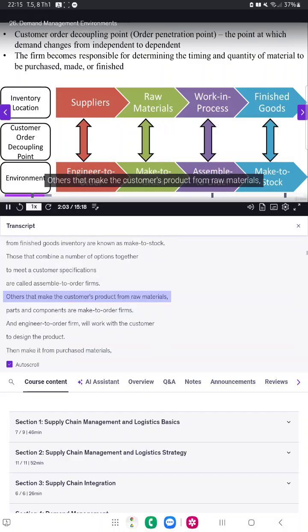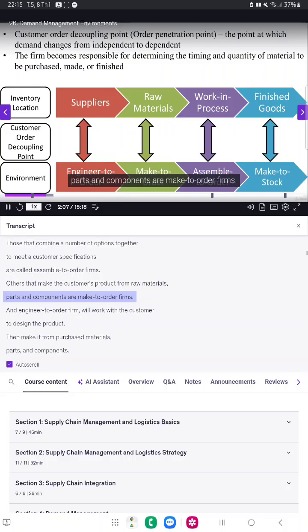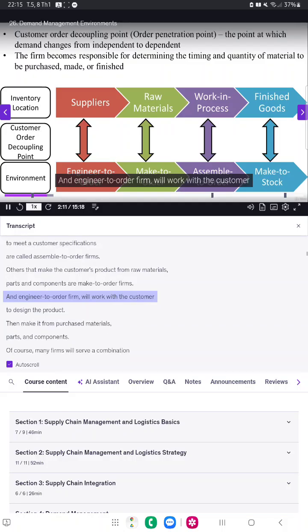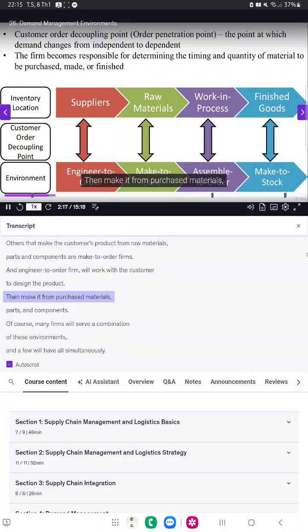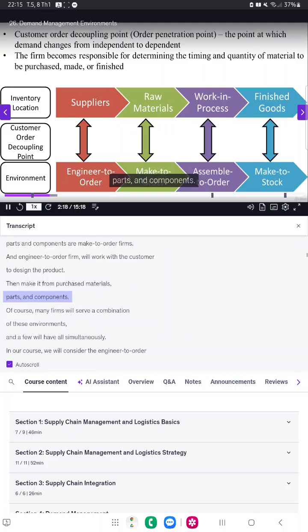Others that make the customer's product from raw materials, parts, and components are make-to-order firms. An engineer-to-order firm will work with the customer to design the product, then make it from purchased materials, parts, and components.